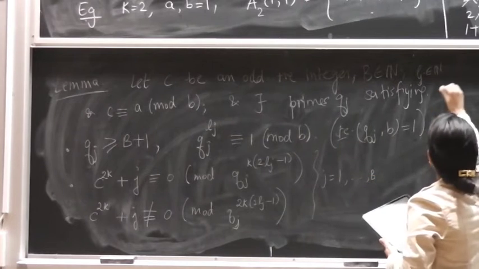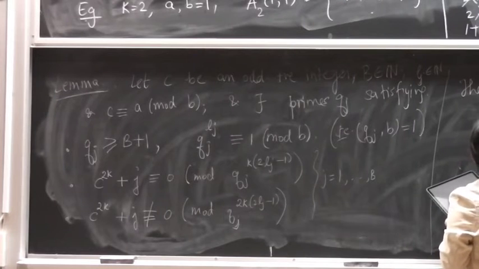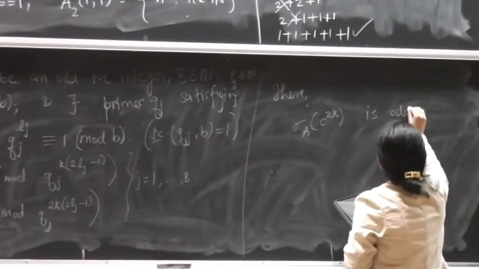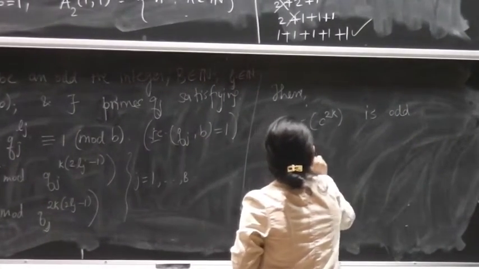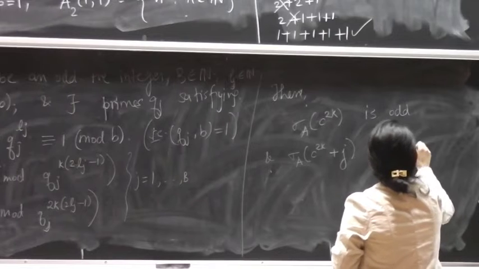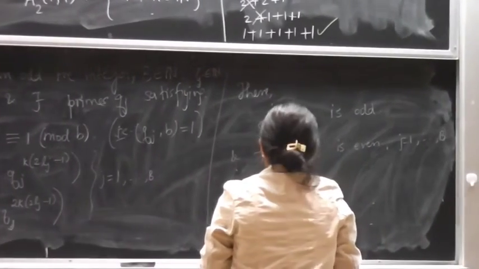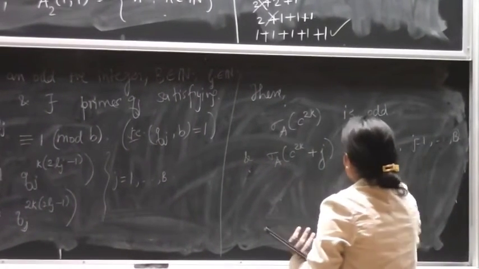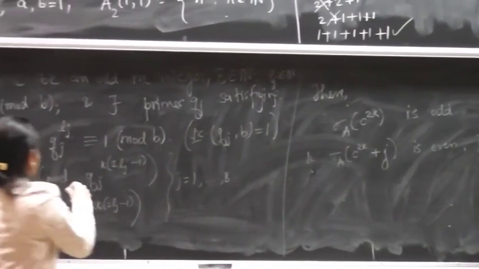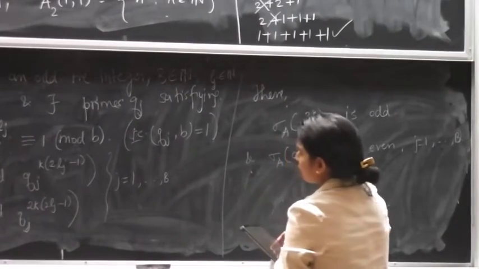Okay, once you have all these conditions, then sigma A of C to the power 2k is odd, and sigma A of C to the power 2k plus j is even for j going from 1 to B. And if you have this, then in order to prove your proposition, you can always take C to be the number that you wanted over there.